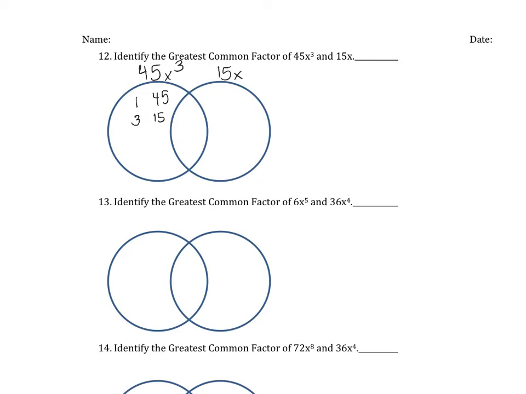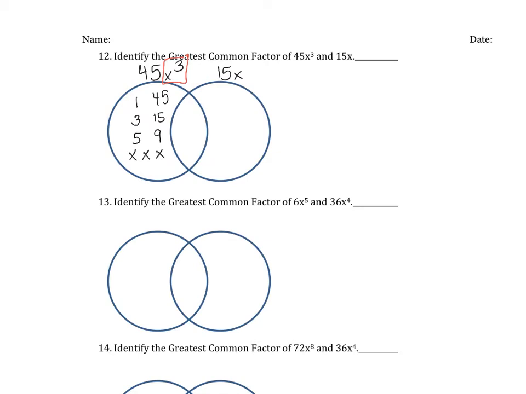And I also know that 5 times 9 gets me 45. But now I have x cubed, so x to the third. So remember what I told you. We are going to write as many x's as the exponent. So we are writing 3 x's this time because it's x to the third.